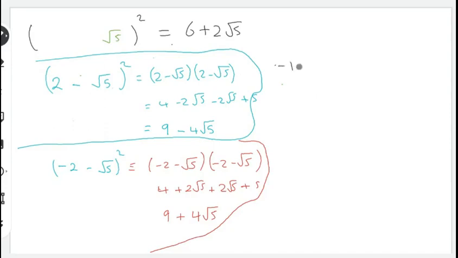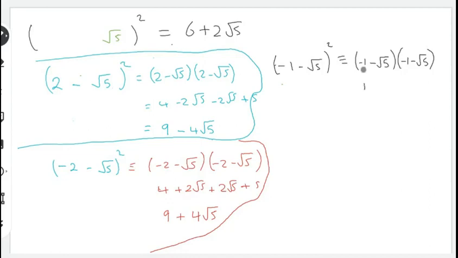I'll let you try that. I got 6 add 2√5. Okay, so that seems to be the one that worked.